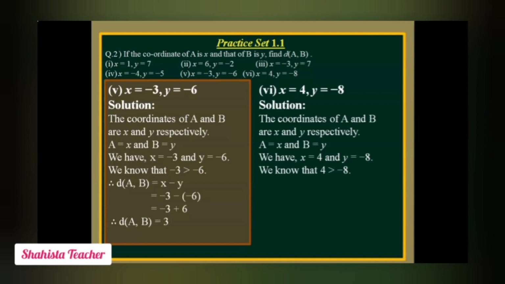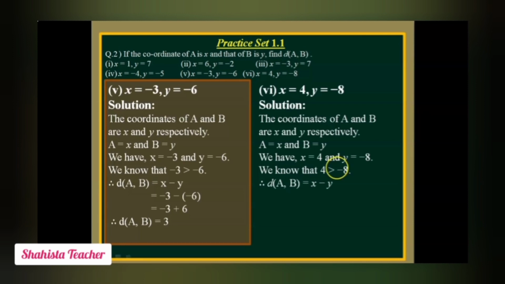We know that. Now distance of A comma B is equal to x minus y. Greater number minus smaller number. Here 4 is greater. Positive 4 is greater than negative 8. So here we will put distance of A comma B is equal to x minus y. Is that clear?